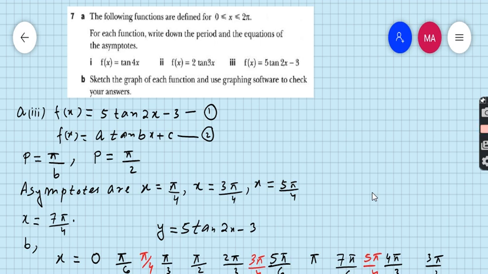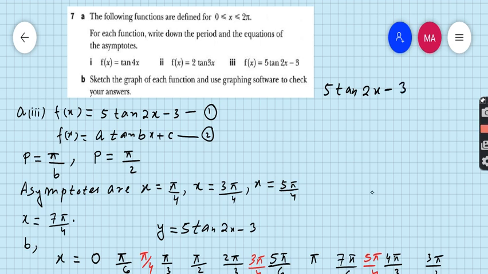The second requirement is to find the asymptotes. Asymptotes basically are the angles which make the given function undefined. What I mean, see this. The given equation is 5 tan 2x minus 3.